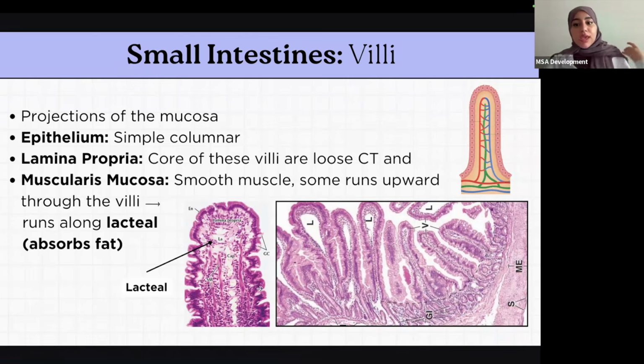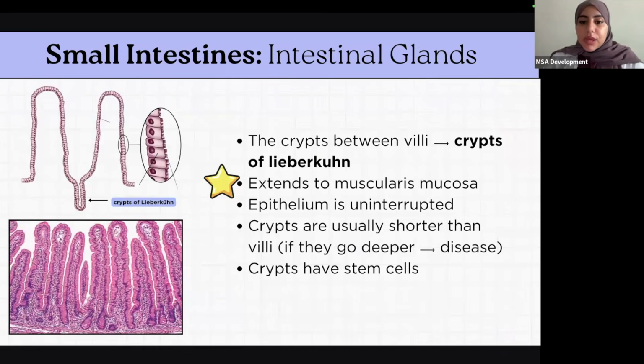Okay, so now there's glands. These are the villi, and an extension of these villi are crypts, called crypts of Lieberkühn, a German word. These crypts are for secretion. It's very important that they extend into the muscularis mucosa.